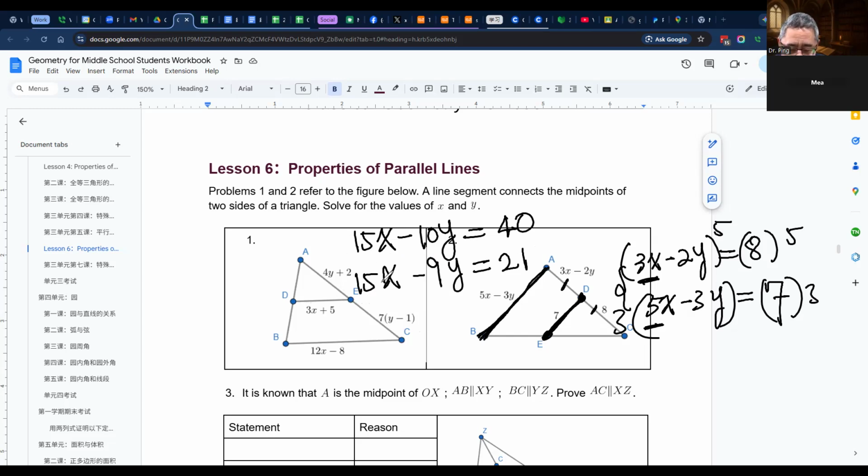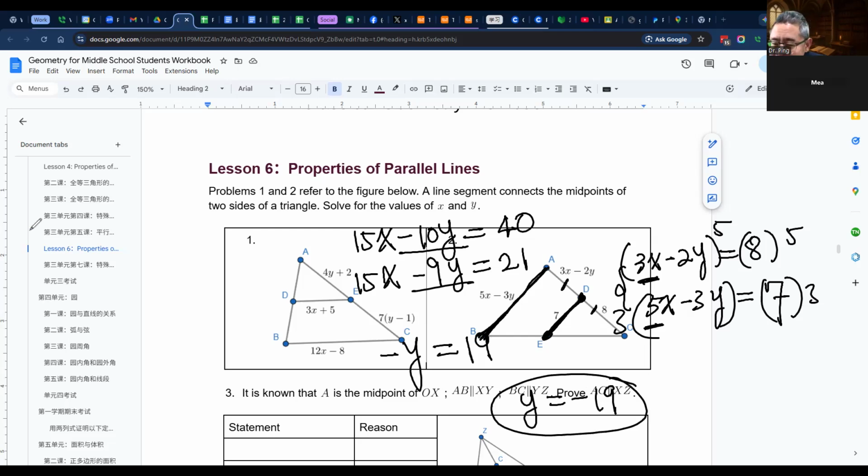So 15x cancels. Negative 10y minus negative 9y is minus y. And top minus bottom, we got 19. So then y is negative 19. So we got that.